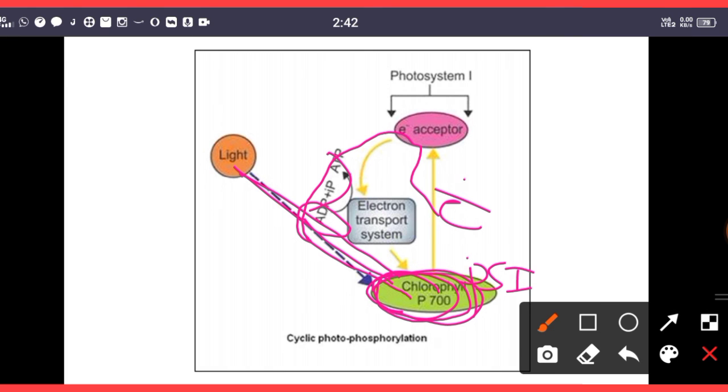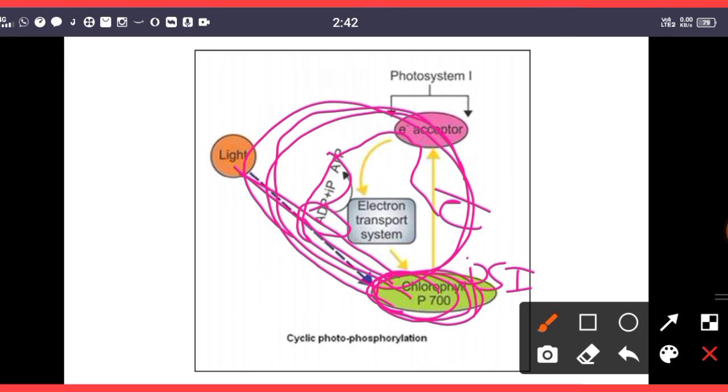In this way the electron movement through the electron acceptors is cyclic. There is no NADPH, because the electron moves in a cyclic way and comes back to the photosystem 1 reaction center.